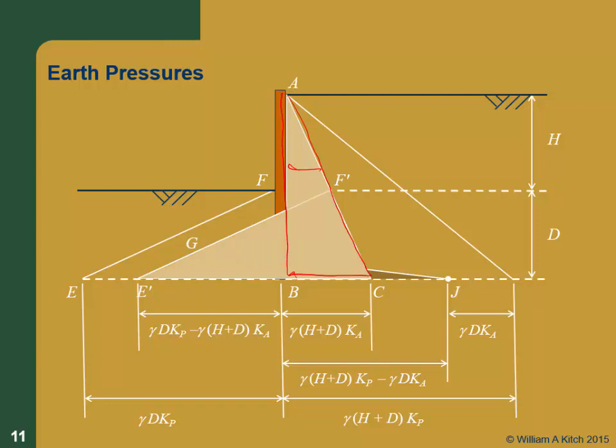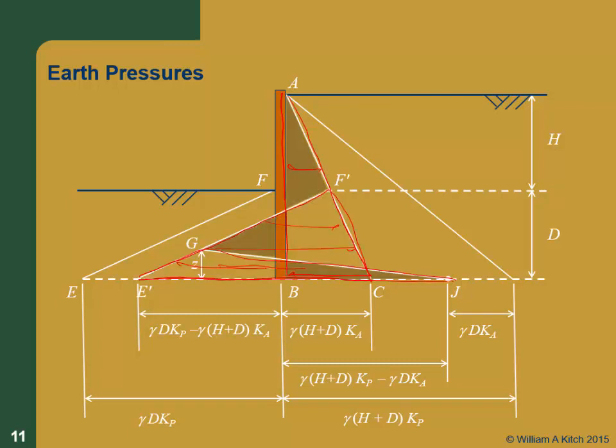And then I'm going to subtract from it this triangle, E prime, F prime, C prime, that acts in this direction. And then I'm going to add back in the other direction this triangle, E prime, G, J, acting in this direction. And when I do that, I'll get my net. I'll get this net brown triangle, if you can see that.